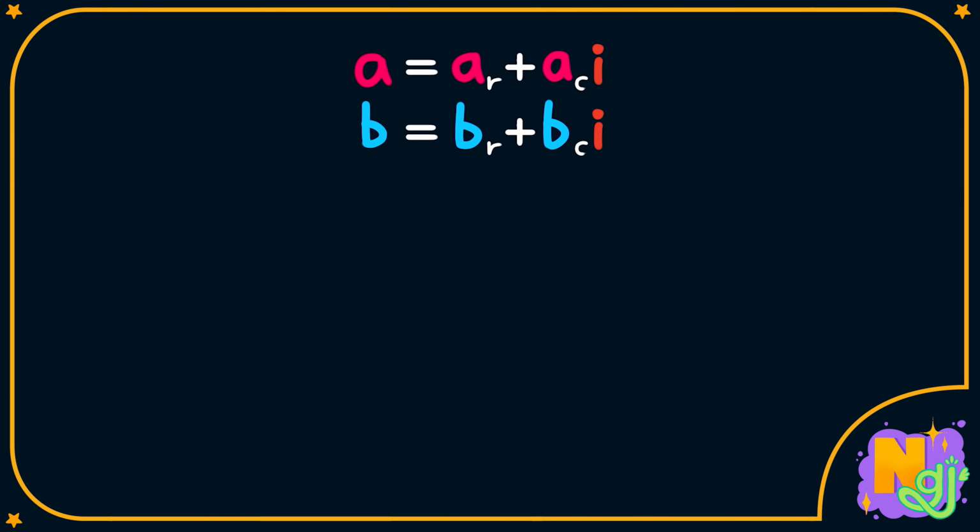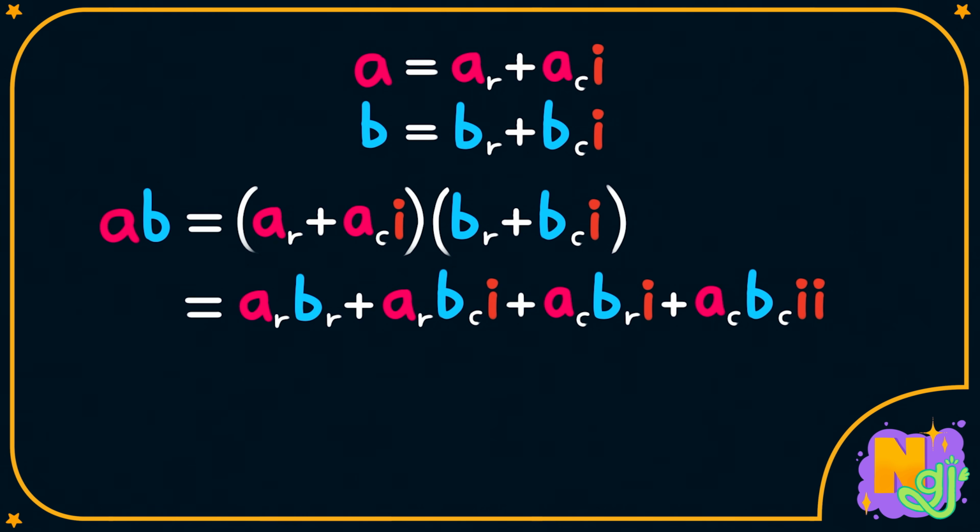So if we have two of them, two complex numbers of arbitrary values, so those A_R, A_C can just be whatever number we want. And then we can see, OK, so what happens if we multiply two arbitrary complex numbers together? Then you can see that we get this if we just expand the equations. And then once again, we're met with this thing where we have i times i, which is i squared, and i squared is -1.